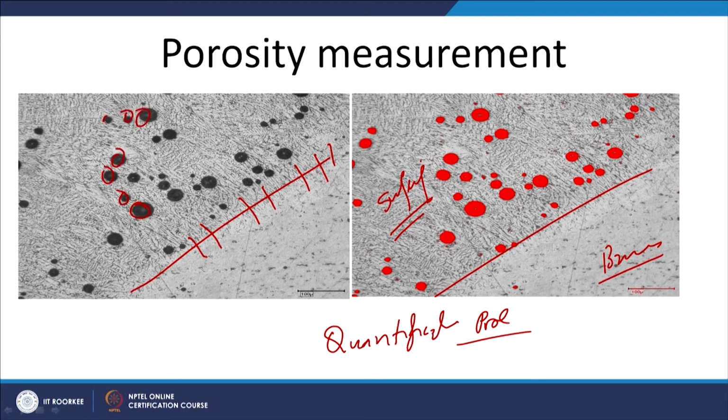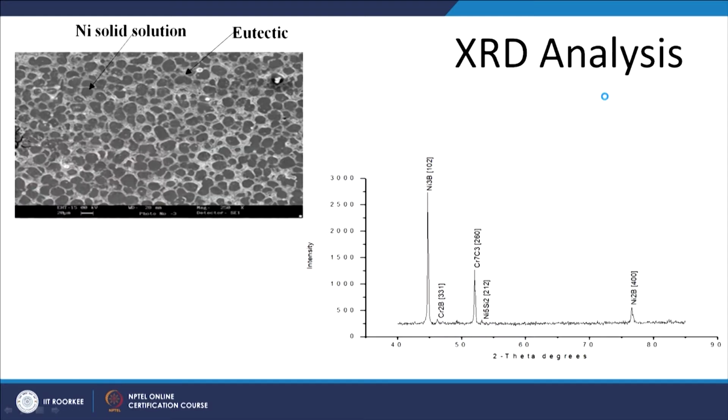To quantify the percentage of these pores, image analysis is carried out, and we found that these pores are about 15 to 16%. So porosity measurements are also possible through image analysis, apart from using other techniques.